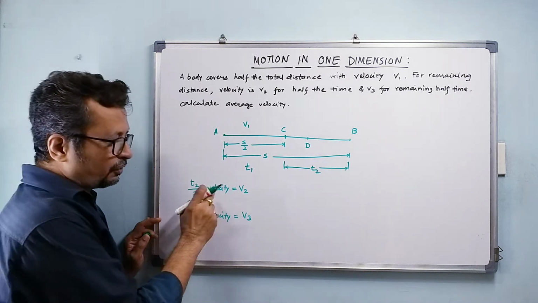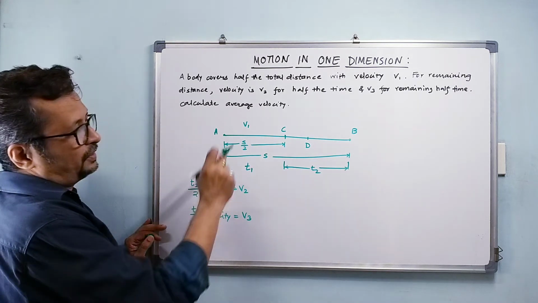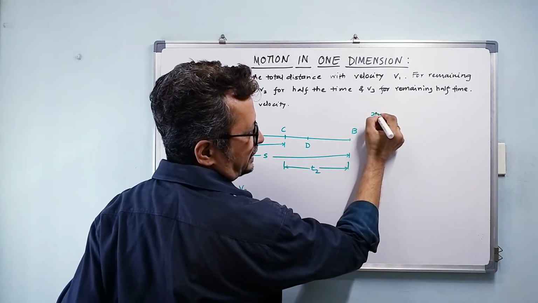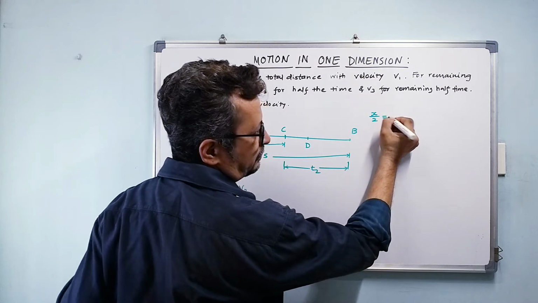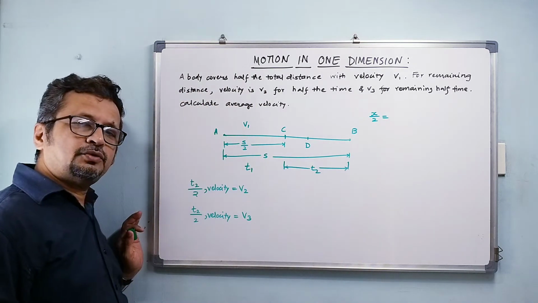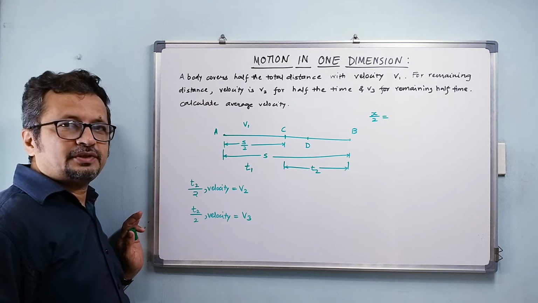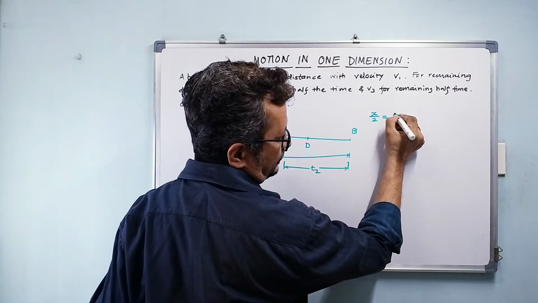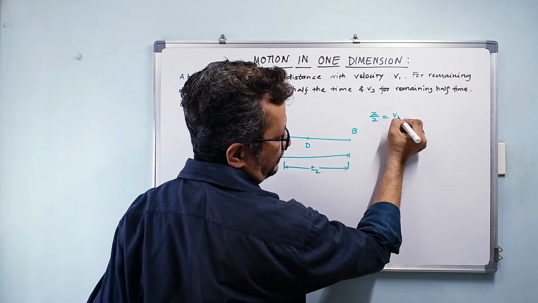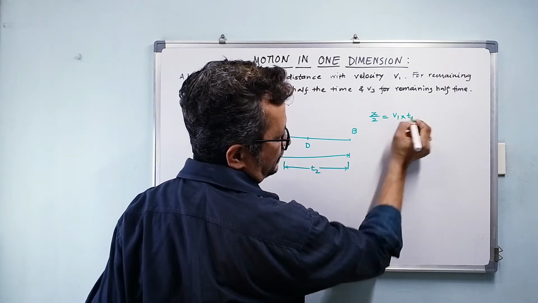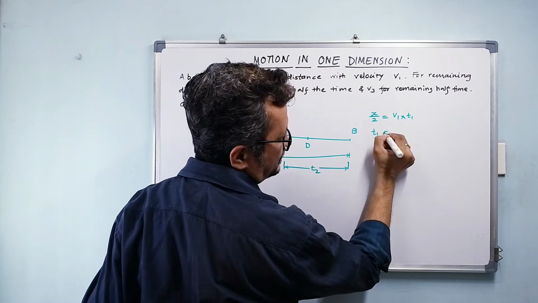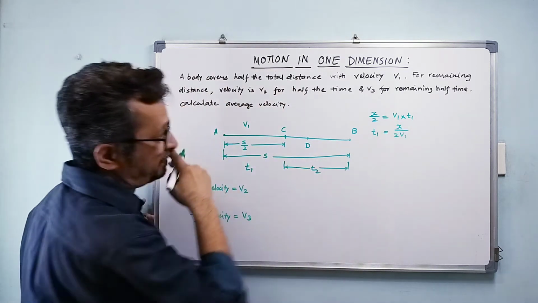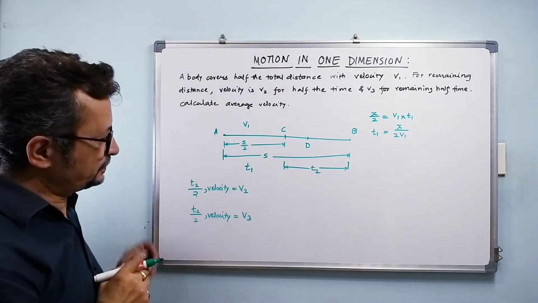Alright, so then what is the distance here? What is the distance over here? My first distance is s by 2, and distance is equal to speed into time, correct? So that would be v1 into t1. So my t1 is equal to s upon 2 v1. That is number 1.